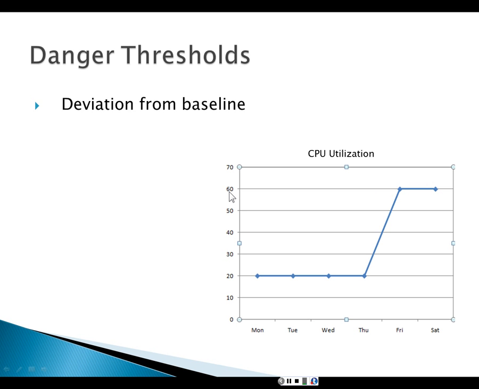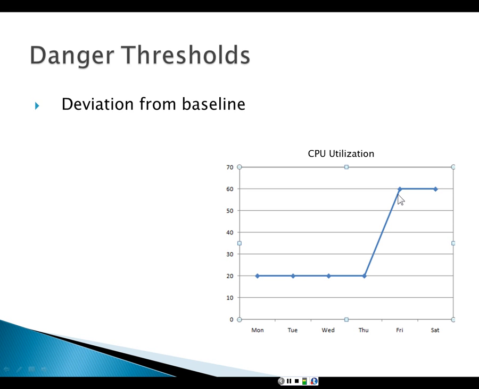But wait a minute. If CPU utilization has been 20% day after day, week after week, month after month, and one day it triples, that implies that something is wrong. A virus, bad hardware. I really doubt if the number of employees and the amount of equipment has tripled in one day.